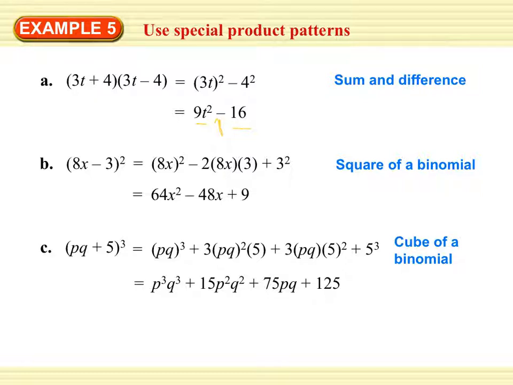Square of a binomial, square the beginning, square the end, and 2 times the beginning times the end is the middle. The cube one, a little bit harder. Cube the beginning, cube the end, and then the middle is 3 times the beginning squared times the end plus 3 times the beginning times the end squared.